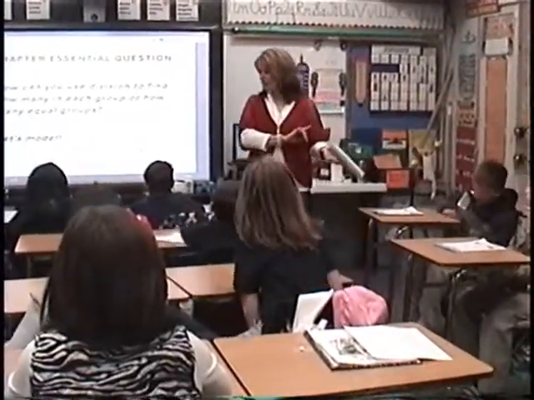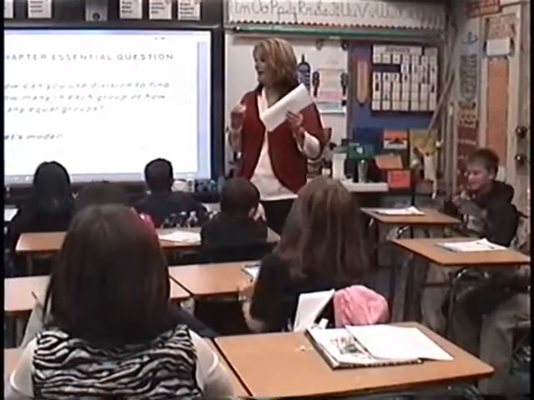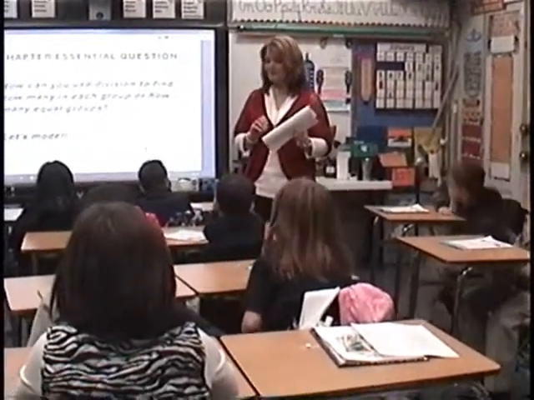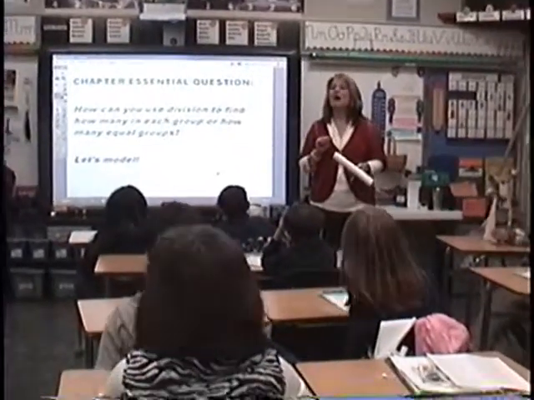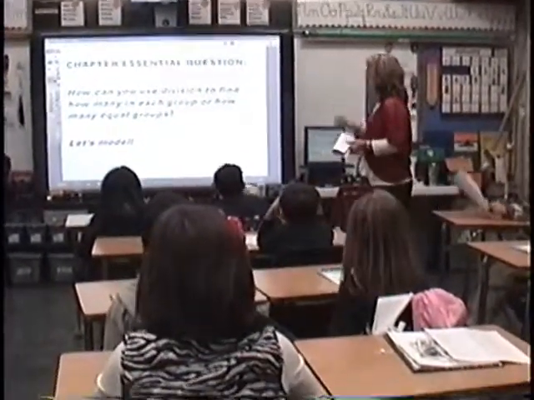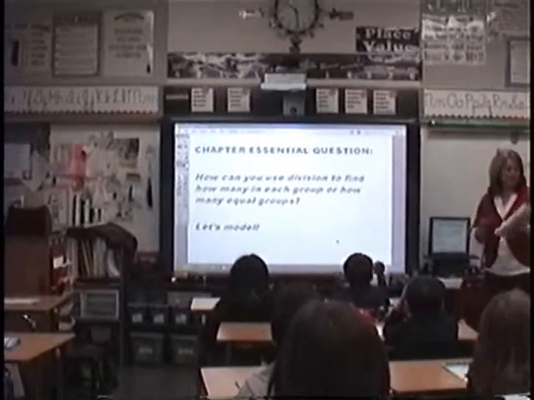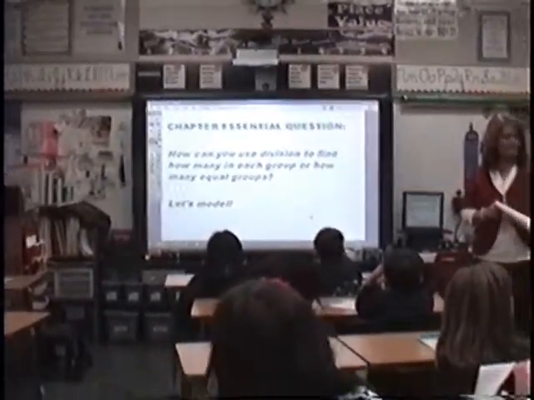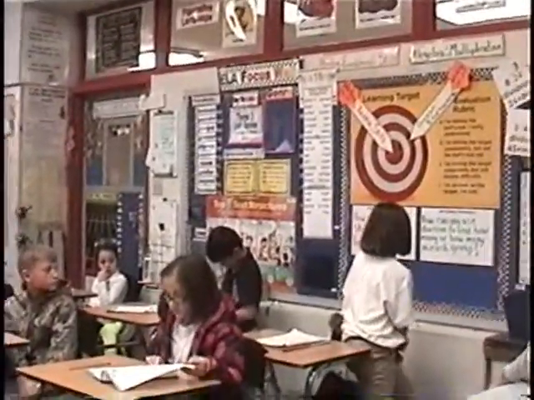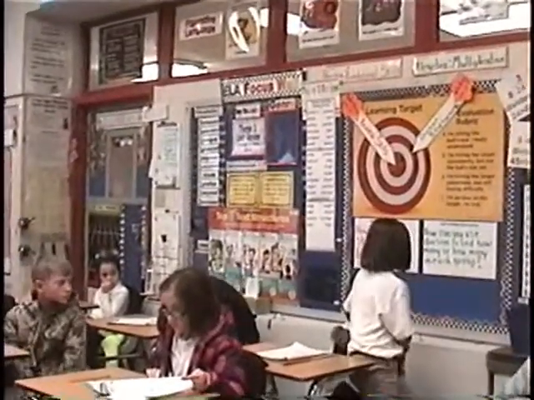Yesterday, we talked about how to find how many in each group. Today, we're going to find, what, Nick? How many groups. All right, let's look at our chapter, our whole chapter questions. Allie, read it for us. How can you use division to find how many or how many in each group?